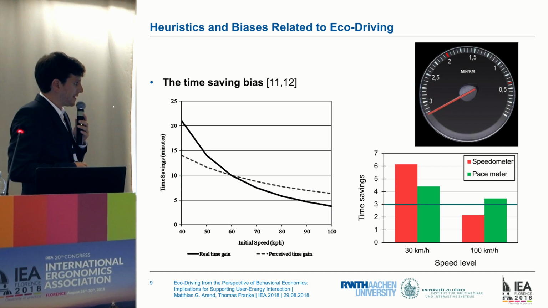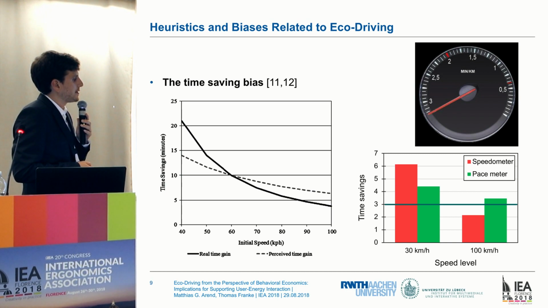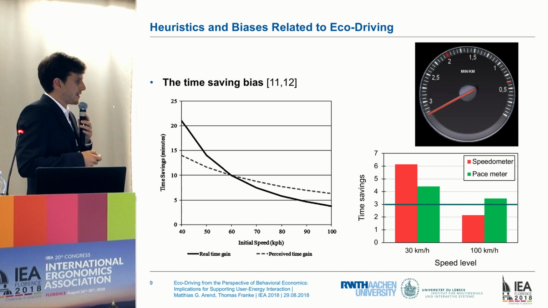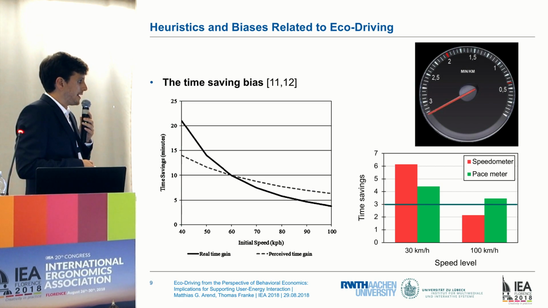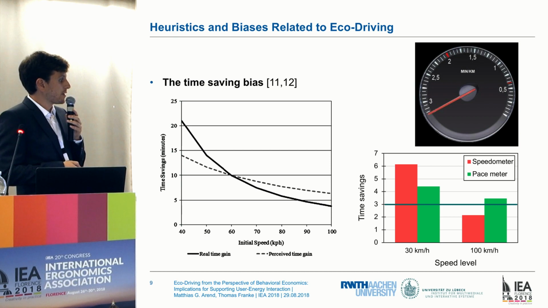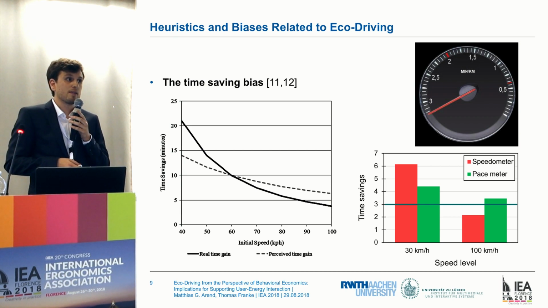And what we see is a typical bias: humans underestimate the time savings. The black line is the real time gains, and the dotted line is the perceived time gain. They underestimate the time gains when starting from low initial speed levels, and they overestimate them when they start from a higher speed level. This is the difference we can see here.